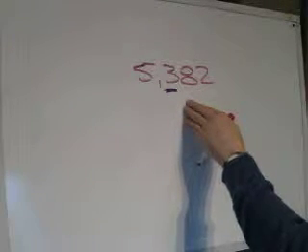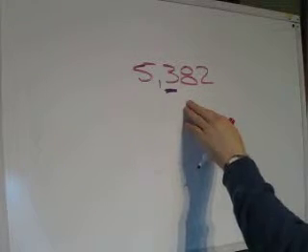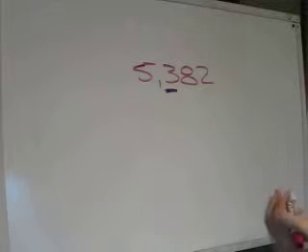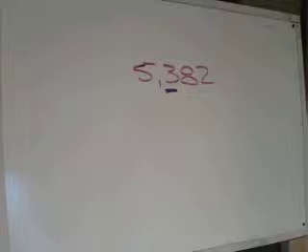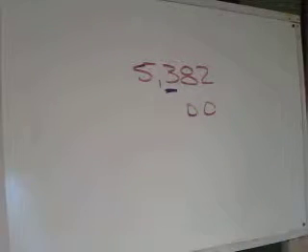Really, these numbers to the right of the 3, whatever they are, we're going to change them to zeros. We don't care what number they are, they're going to change to 0. Everything to the right of the number we're rounding.